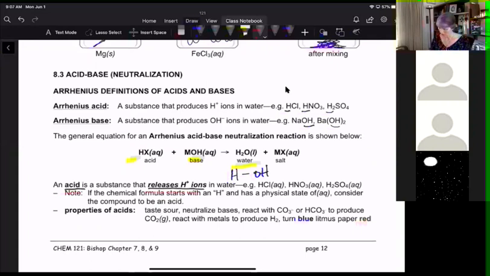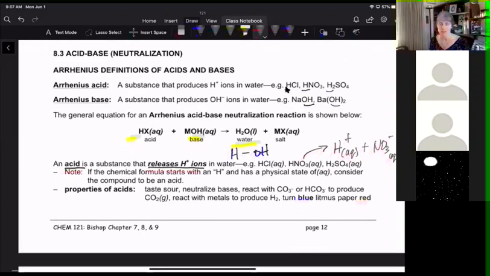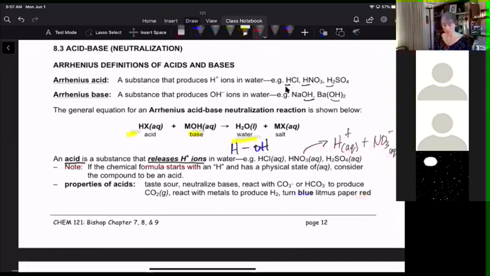So for these things, they all ionize completely. Acids tend to taste sour, like citric acid in citrus fruits. They will neutralize bases, so again forming that water molecule. And they will also react with carbonates to decompose and produce CO2 gas.